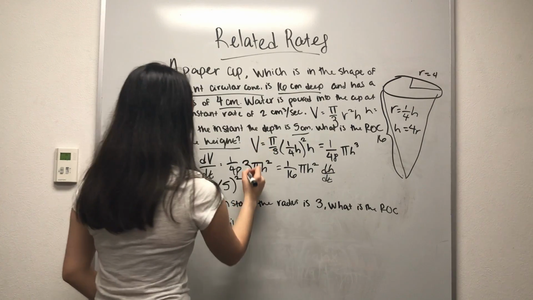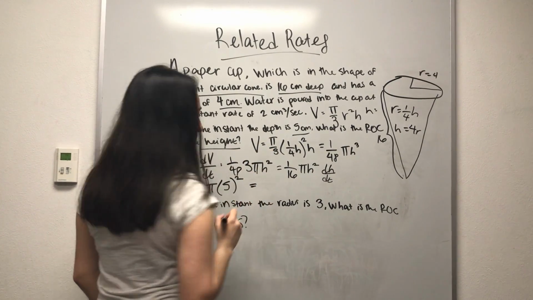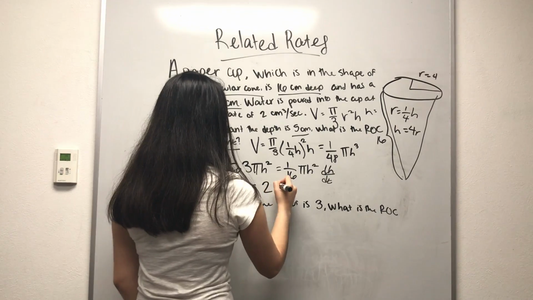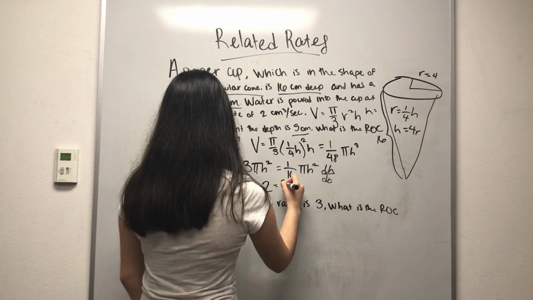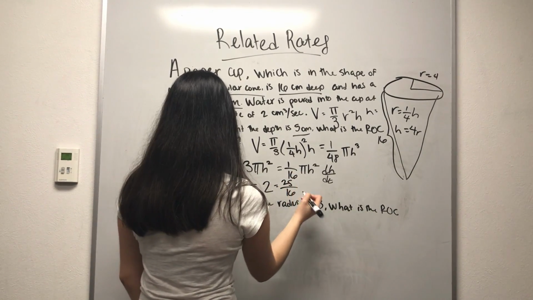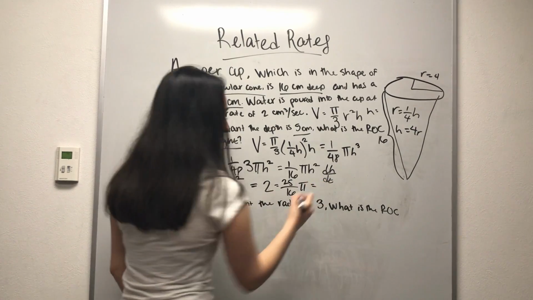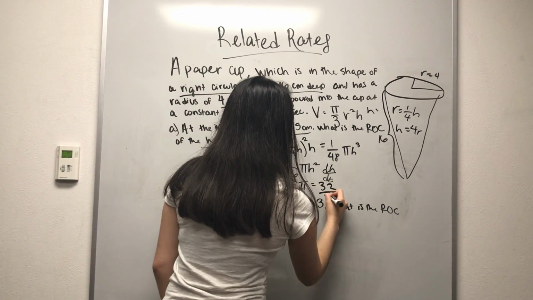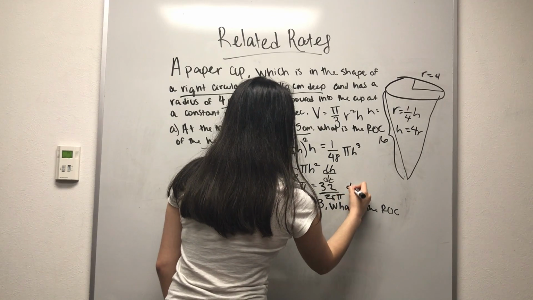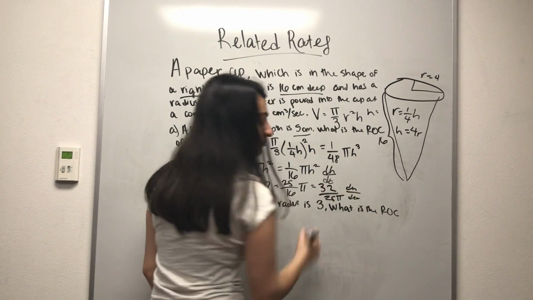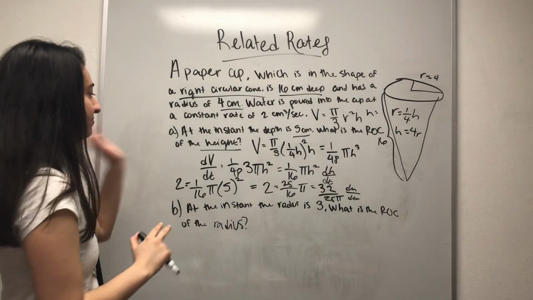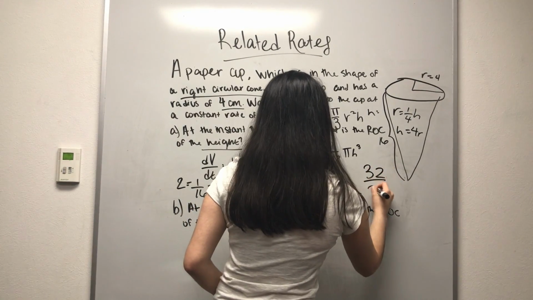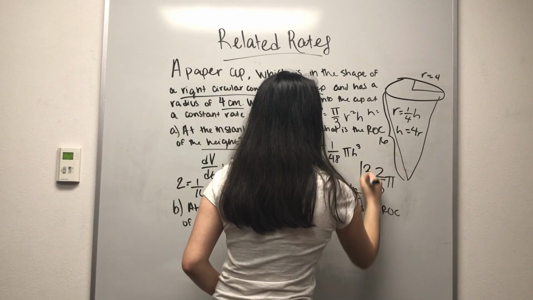And now what we're going to get is 2 equals 25/16 pi, and then that gives us 32/25 pi dH dt. Okay, that is that. Great. Let's write that out a little bigger right here because we want our work to be very neat.